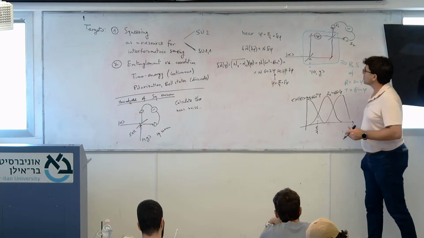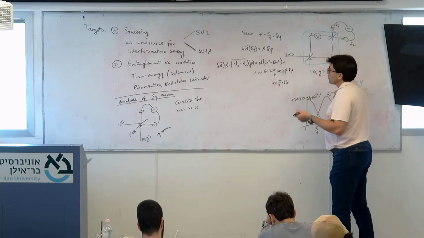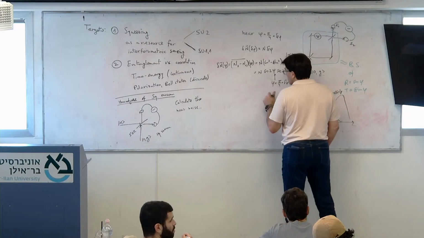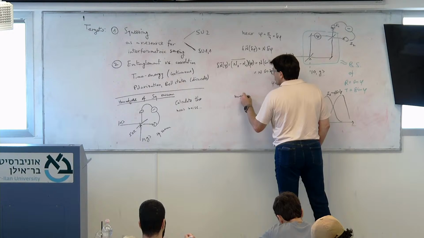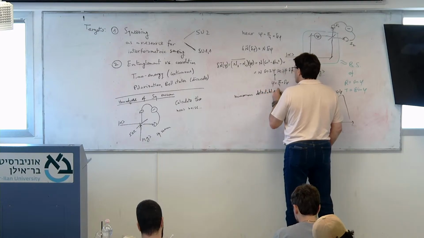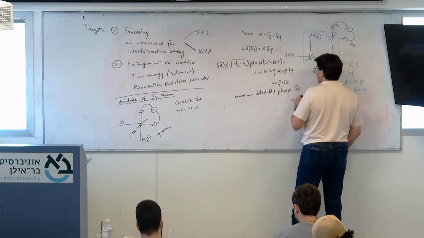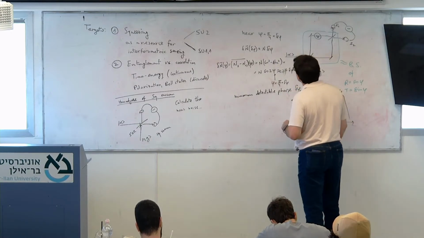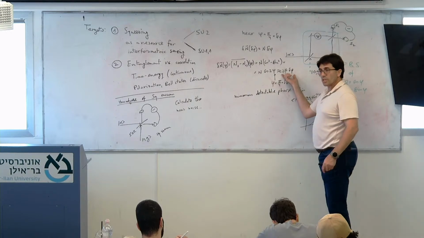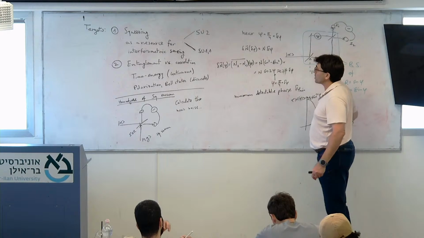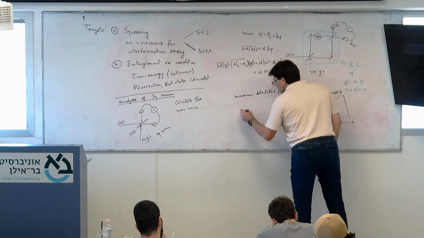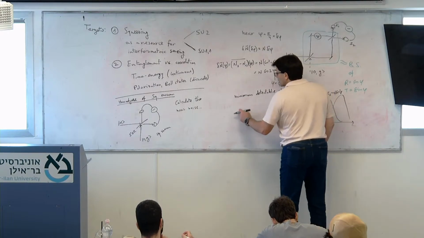Okay. So now we can say, as I mentioned before, the minimum detectable phase, delta phi minimum, is related to the question of how much the average changes, and how this is relative to the noise.